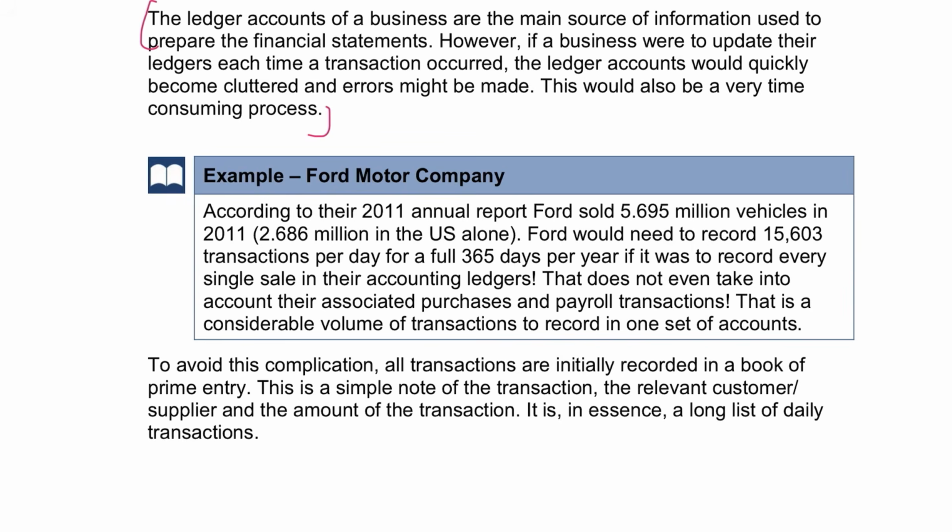So to avoid this complication, all transactions are initially recorded in a book of prime entry, right? This is a simple note of the transaction, the relevant customer or supplier, and the amount of the transaction. It is in essence a long list of daily transactions.